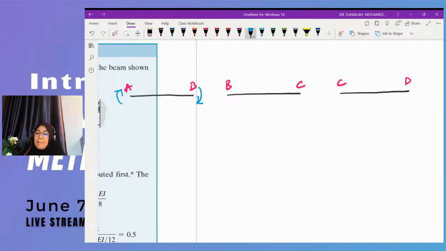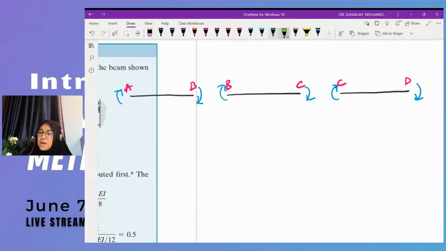For member BC, again clockwise. This is based on the sign convention. We first have to assume all clockwise. The moments that act on the member are clockwise, but the moment at the joint is opposite.